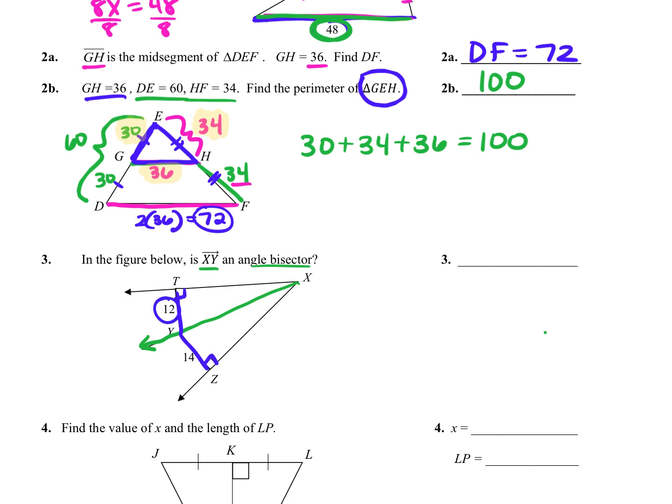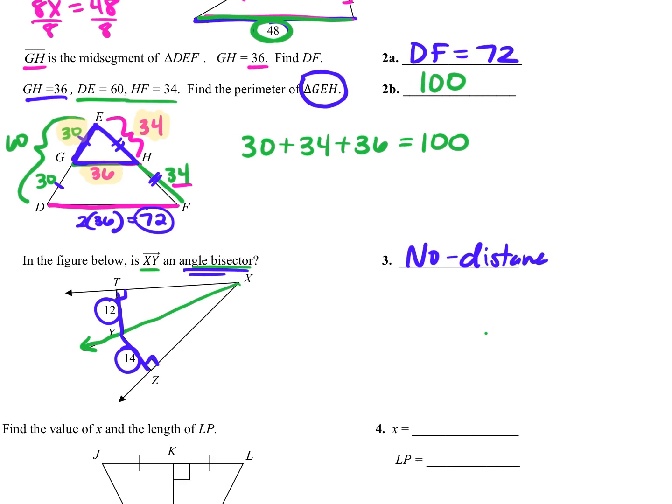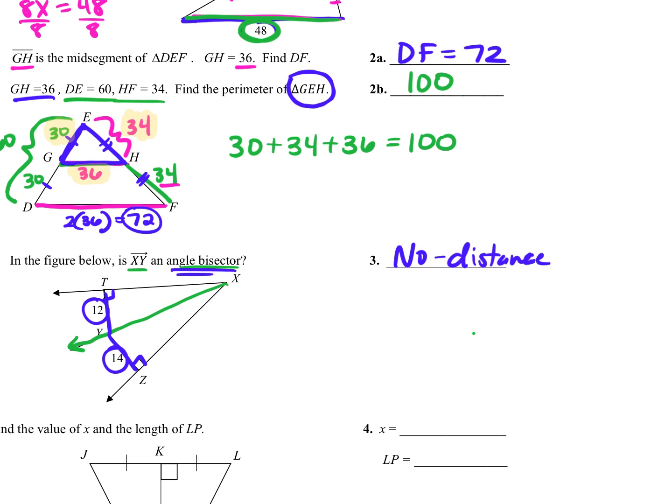So this length would have to be the same as that length in order for this to be an angle bisector. So is that an angle bisector? We would say no. The distance to the rays is different.